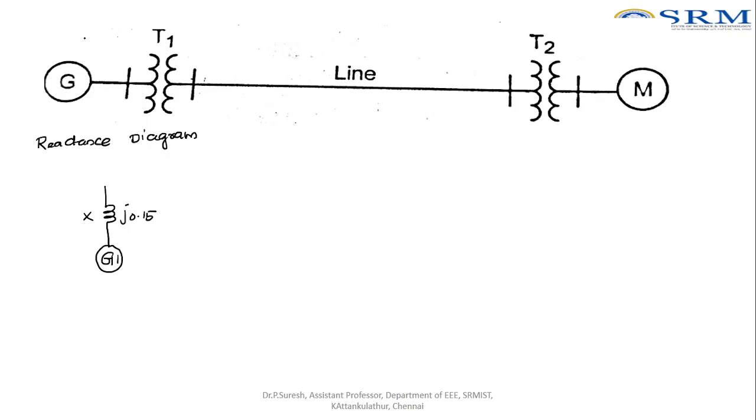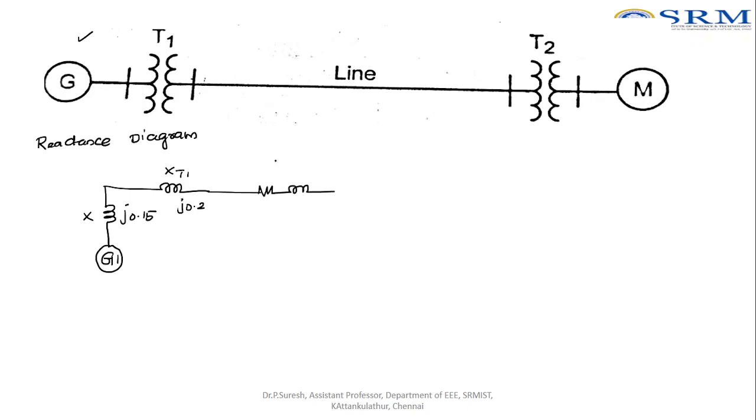Right, the generator is over. And when you take the transformer, it should be connected in series. So this is the reactance diagram for the generator transformer. So this is the reactance value for transformer 1. What is the value? We calculated J 0.2. And we have the transmission line. The value is given like this.